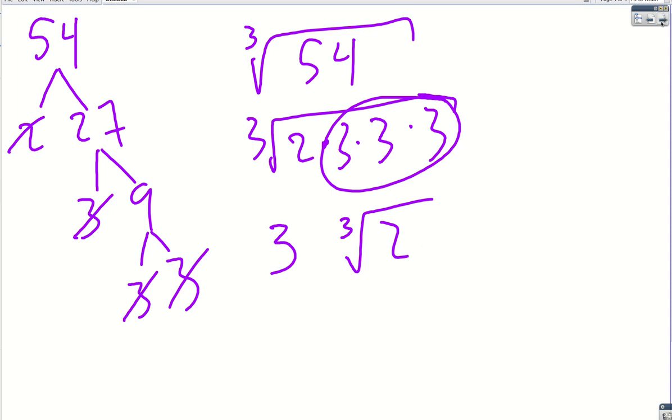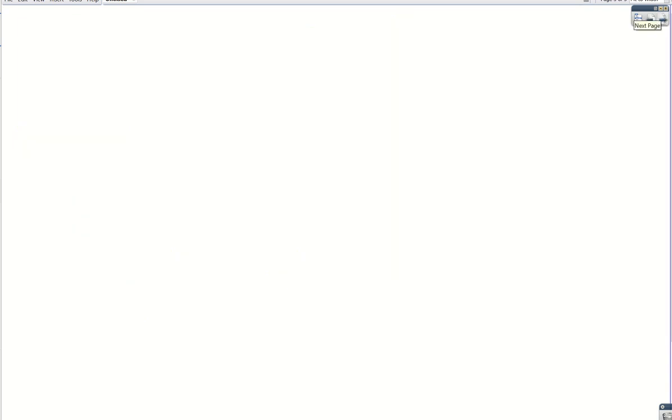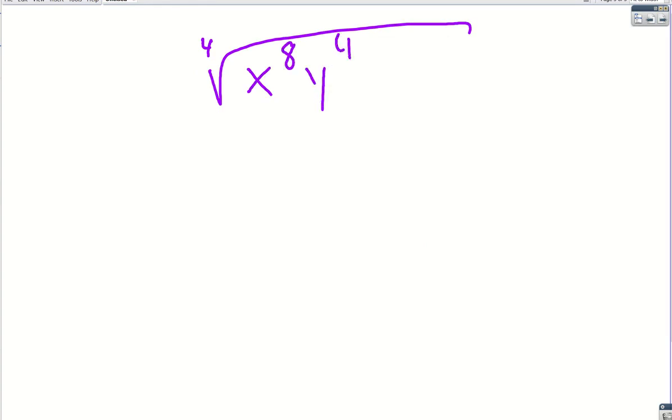And so for our last example, let's say they ask for the quad root of x to the 8th, y to the 4th, z to the 12th, and let's say 64 again. So what this really means is x ran out 8 times.